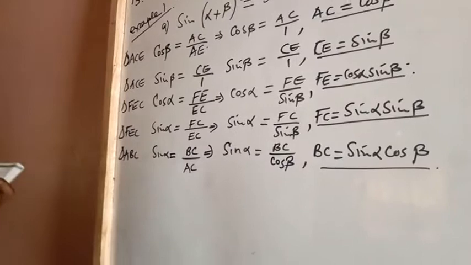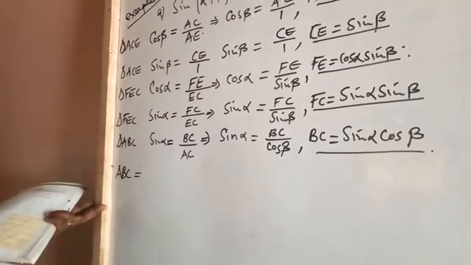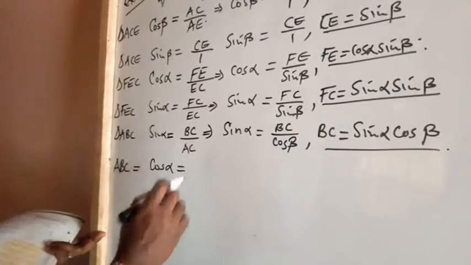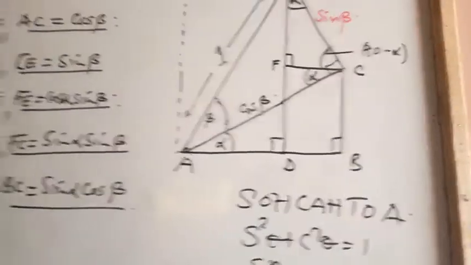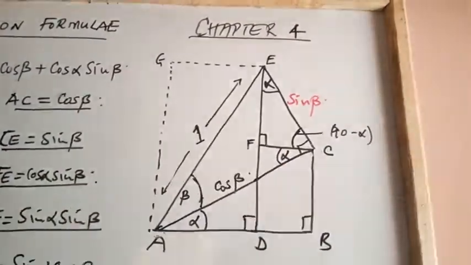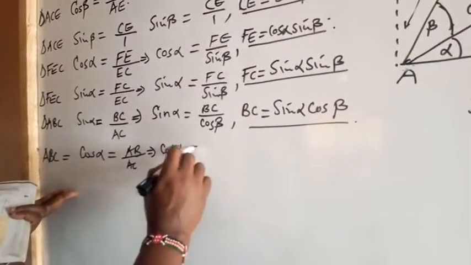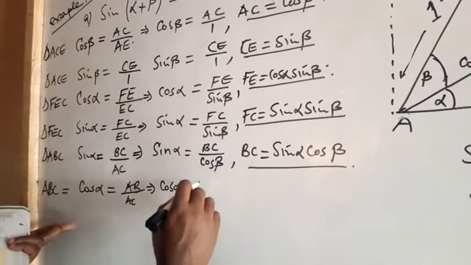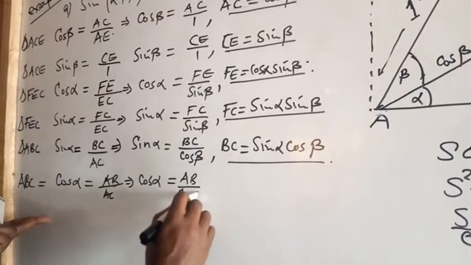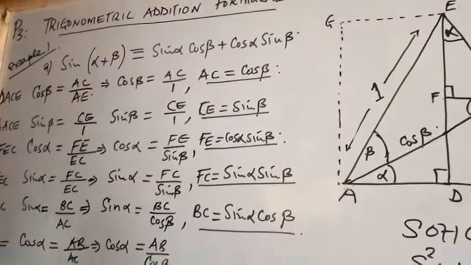Finally, in triangle ABC again, we are going to talk about the cosine of alpha. The cosine of alpha is adjacent, AB, all over the hypotenuse, which we have known to be AC, which is the cosine of beta.